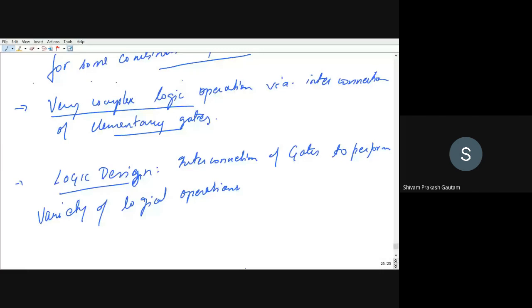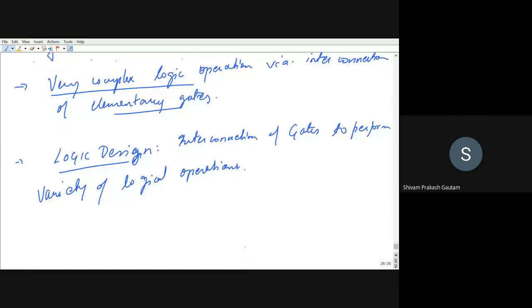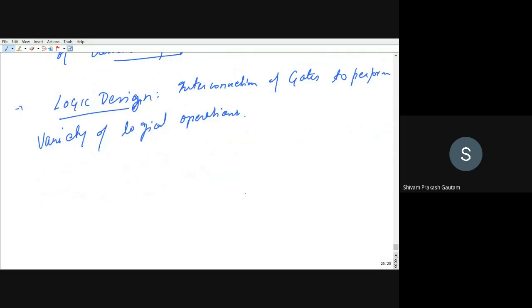This is the definition of logic design. So why is the term logic used? Because based on some predefined rules, it will produce the output for a given input, right? Based on some logic. Now one by one we will see the various gates which are there under the logic gate category, and we will try to analyze each one of them.